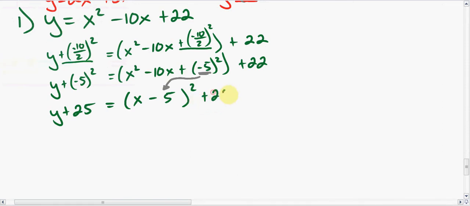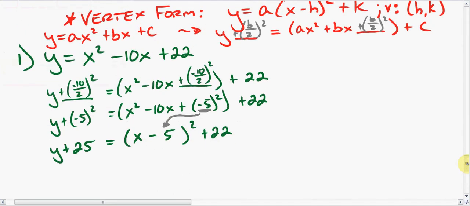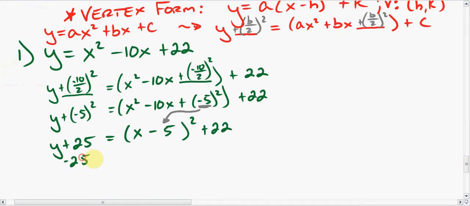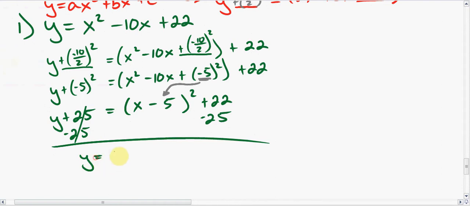Then we have plus 22, and it's looking more and more like vertex form. Remember, vertex form is a times the quantity x minus h squared plus k. The last thing I want to do is bring over my 25, and I have y equals x minus 5 squared plus negative 3, or we can simply say minus 3.